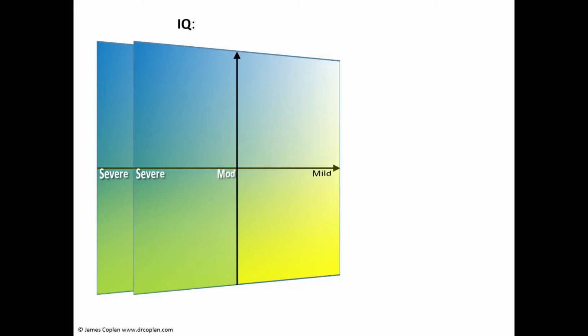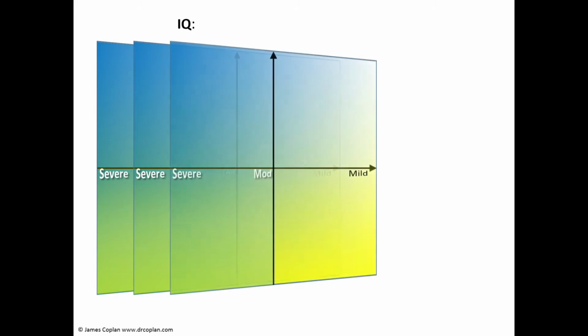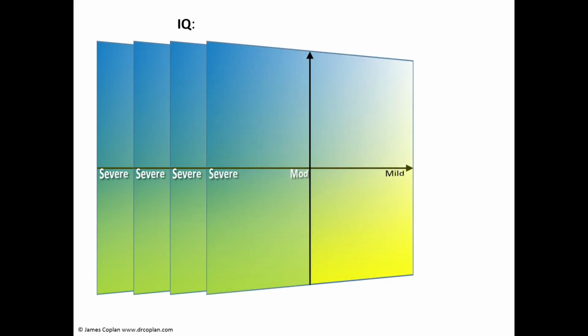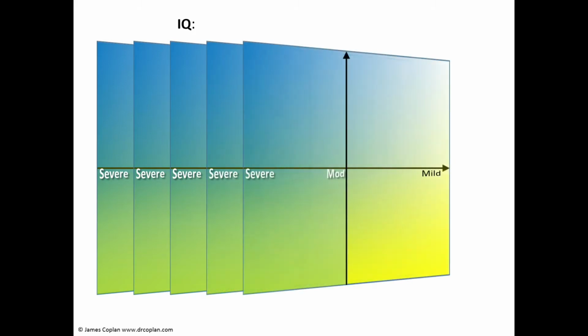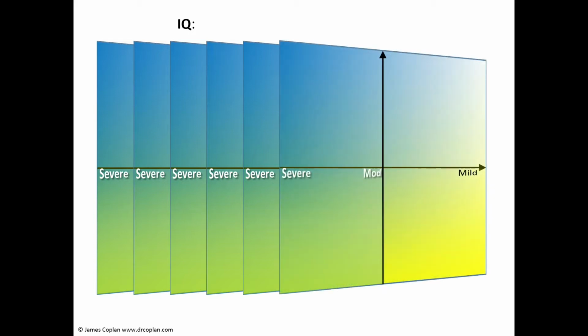This might be a year later. This might be a couple of years after that. This might be a couple of years after that. And this might be even further along. And you begin to get the picture that each of these slices is a slice in time, and it shows us where on this graph the individual is at subsequent points in time.